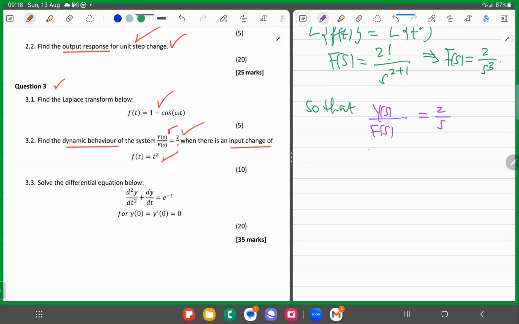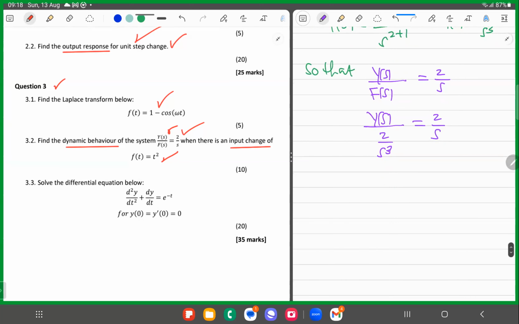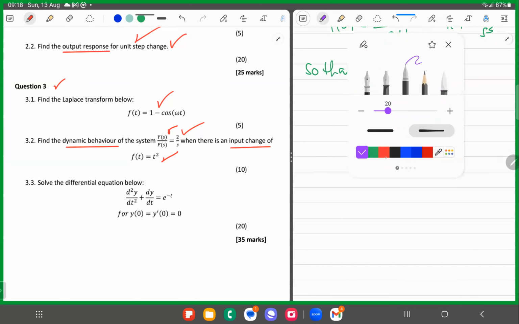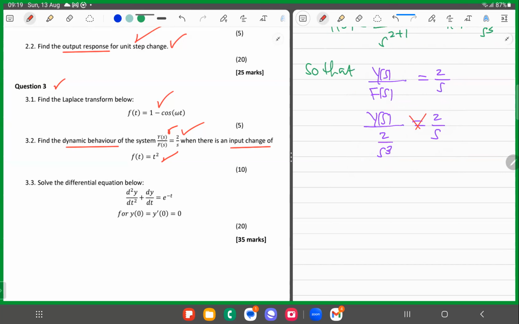So you have Y of s divided by F of s, which is 2 over s cubed, and this is 2 over s. You can just cross multiply. So Y of s is 2 over s multiplied by 2 over s cubed. And then Y of s is 4 over s to the fourth power.